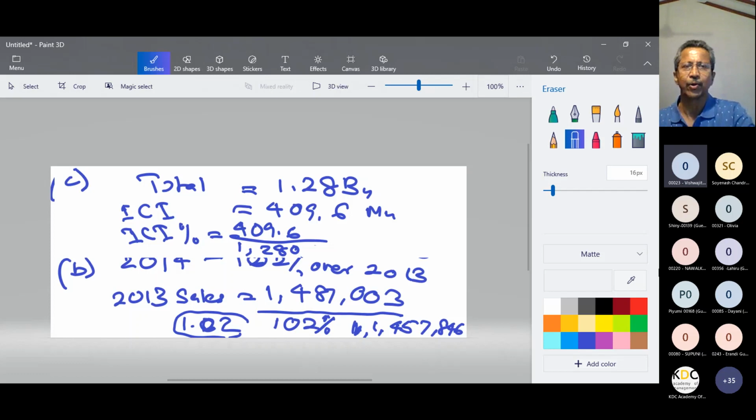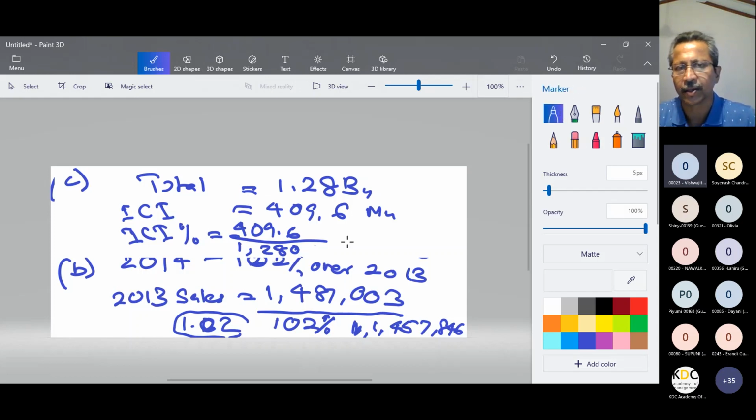You have to divide 409.6 by 1.280 billion. To compare with million, you have to multiply by 1000, so it comes to 1,280 million, right? So what is the answer? First, you will get a fraction.